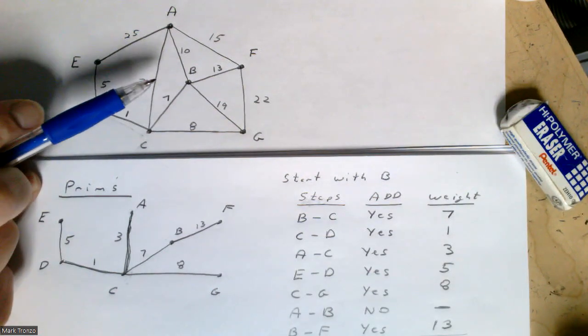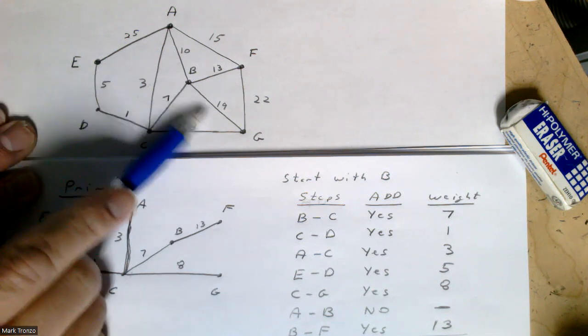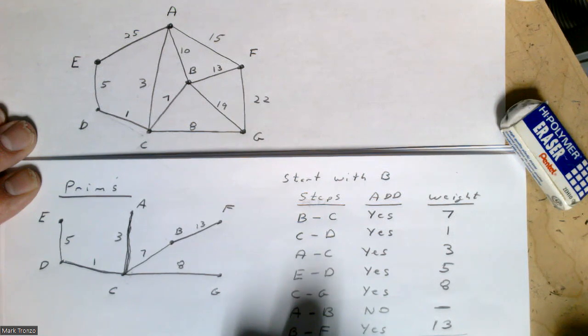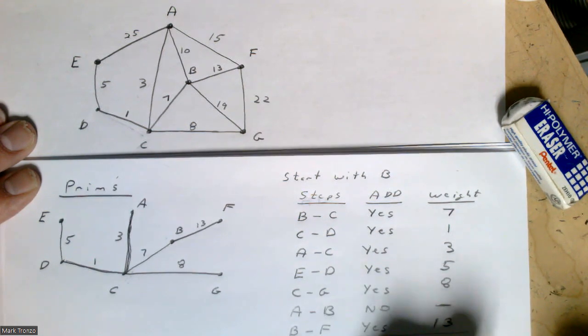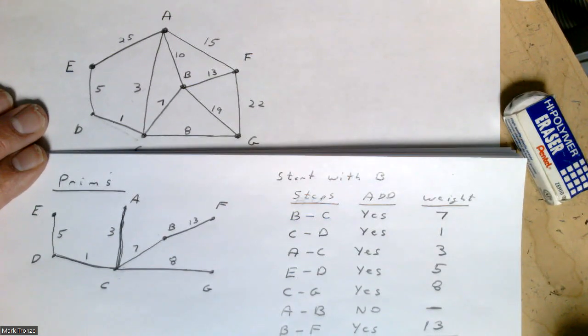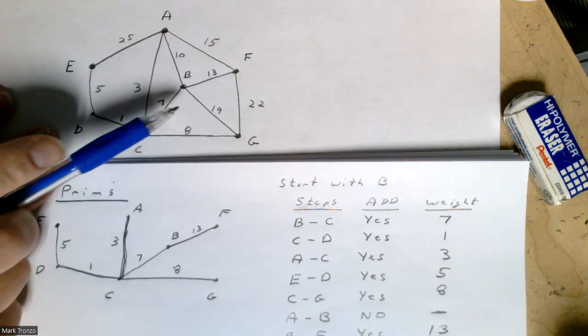And then what's the next one after that? Looks like BG would be the next one, but see, that would make a circuit. Then what would be the next one?